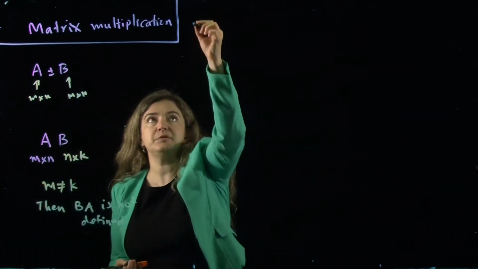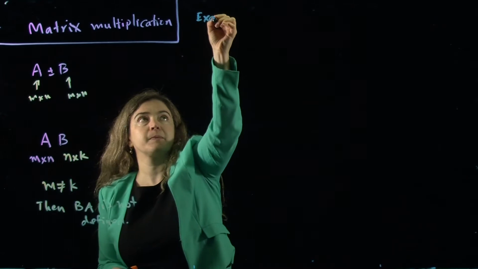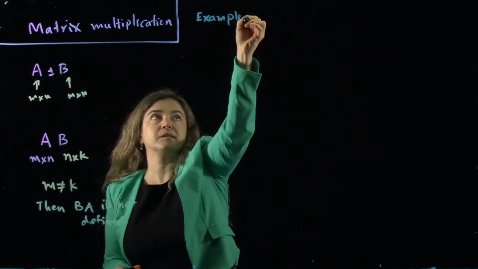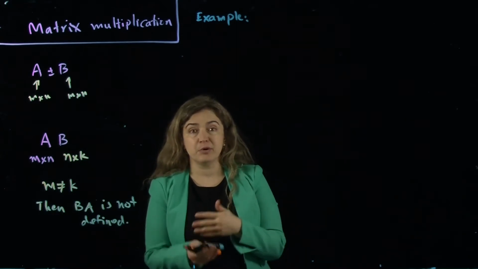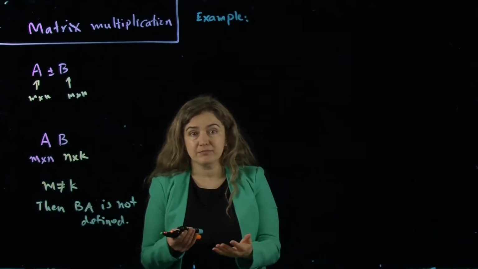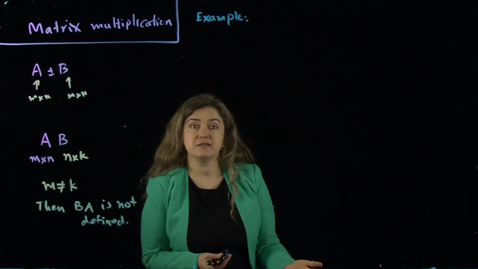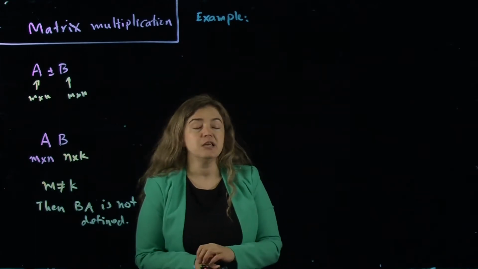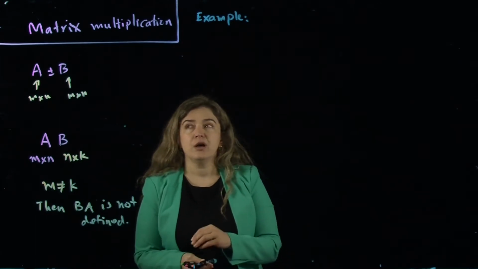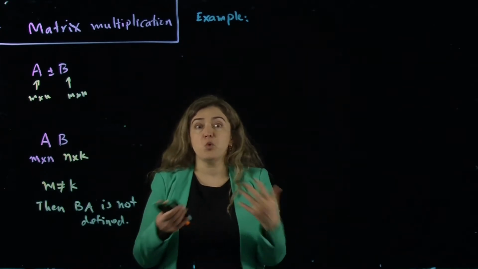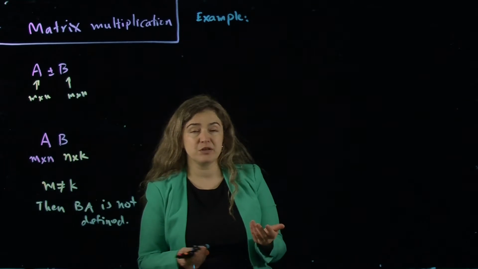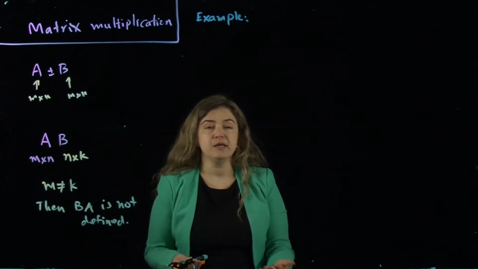After that, I want to do a bigger example, multiplying two larger matrices. And then I'll give you an example of why matrix multiplication makes sense and why we need it.